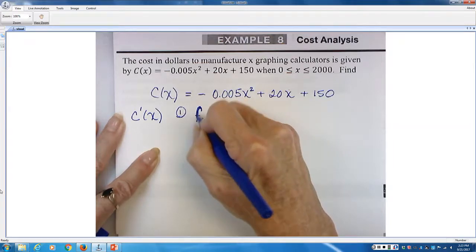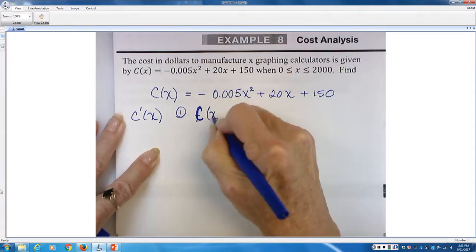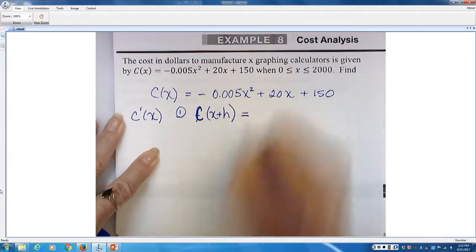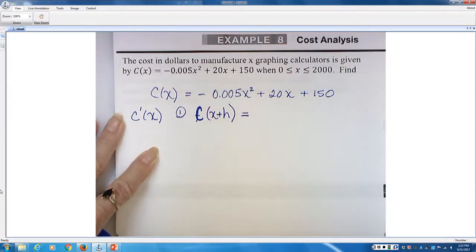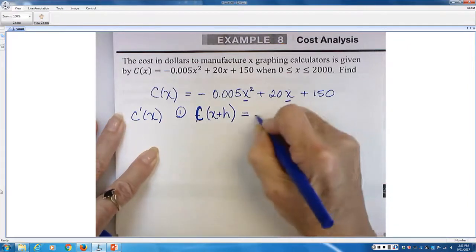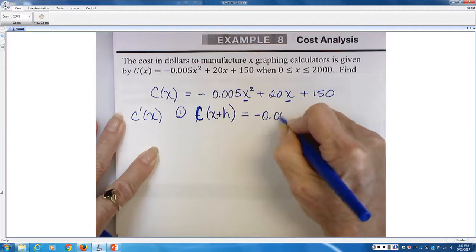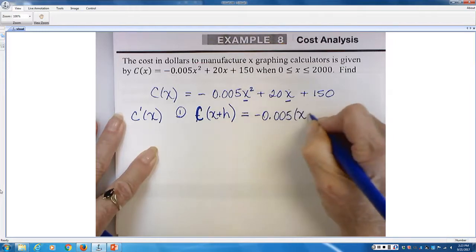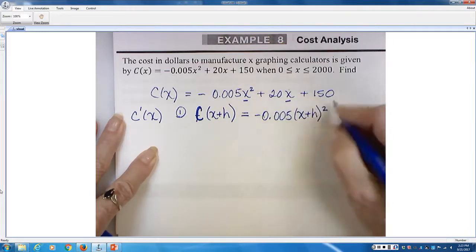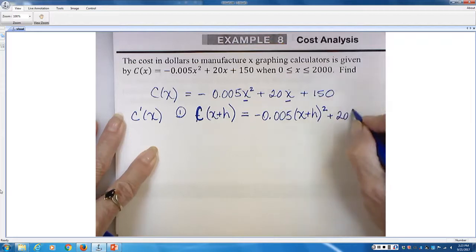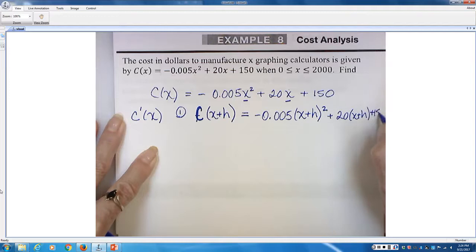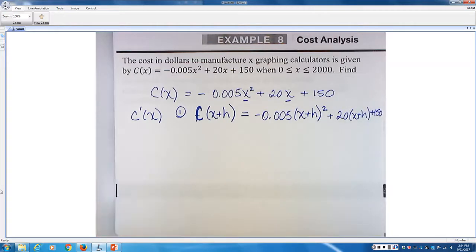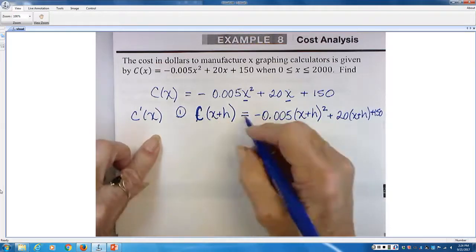Since it's a C, I'm going to stay with C. I need to find C of X plus H, which means I'm going to plug in X plus H into those two places. I should have planned a little better and not written so big. So, C of X plus H.